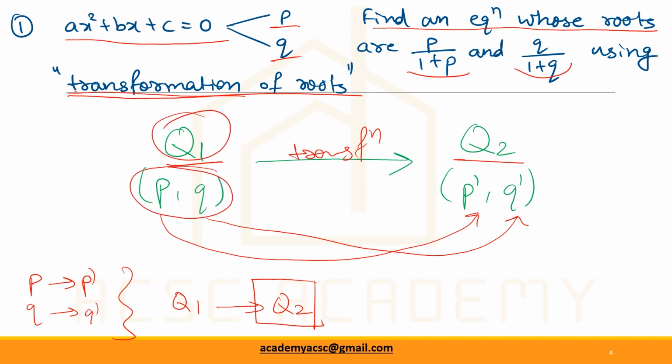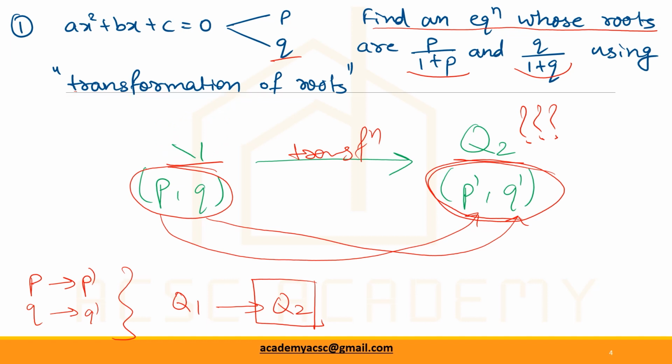Using that you will find out its roots, and then you will be given two new roots and asked to find a quadratic which has these two as its roots. That's what we do in such questions, right? So by doing transformation we can very easily find this unknown thing, which is q2. So let us see how exactly it happens.